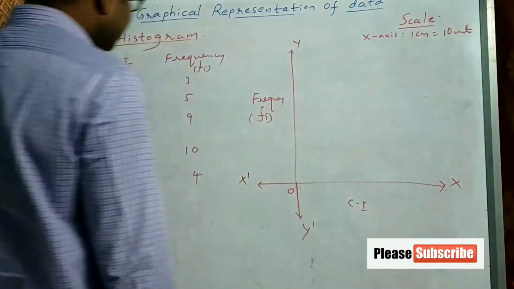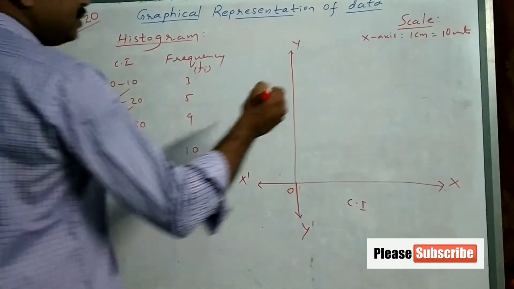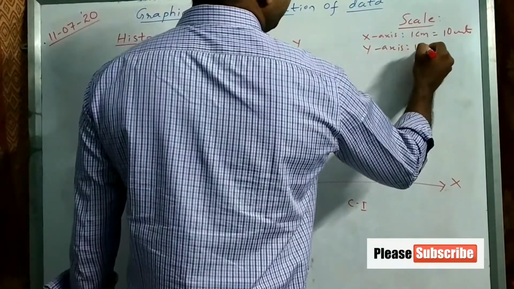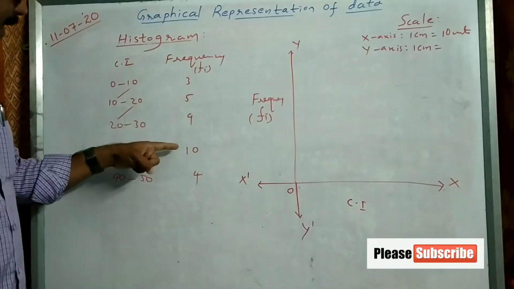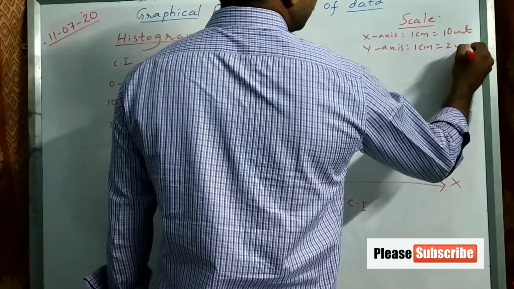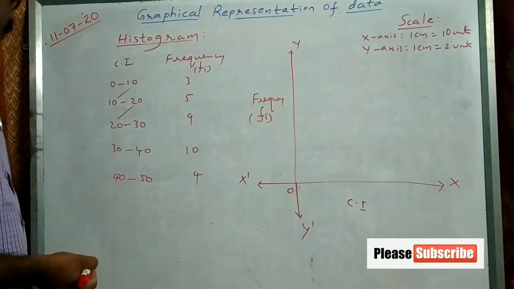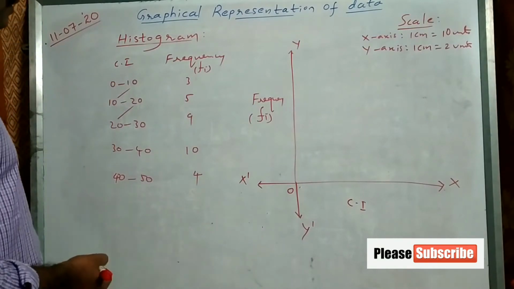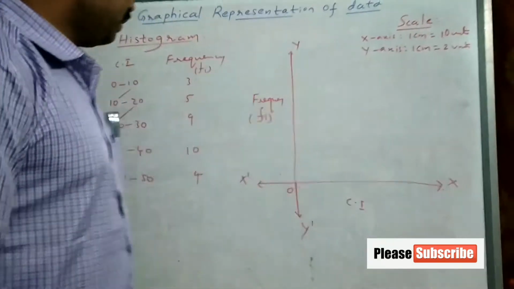Take the gap as per the data, that is, 1 cm equal to 10 units. On the y-axis 1 cm is equal to, as per the data, what is the highest here? 10. So we can take 2 units, or 1 unit also you can take. So on the y-axis 1 cm is equal to 2 units.